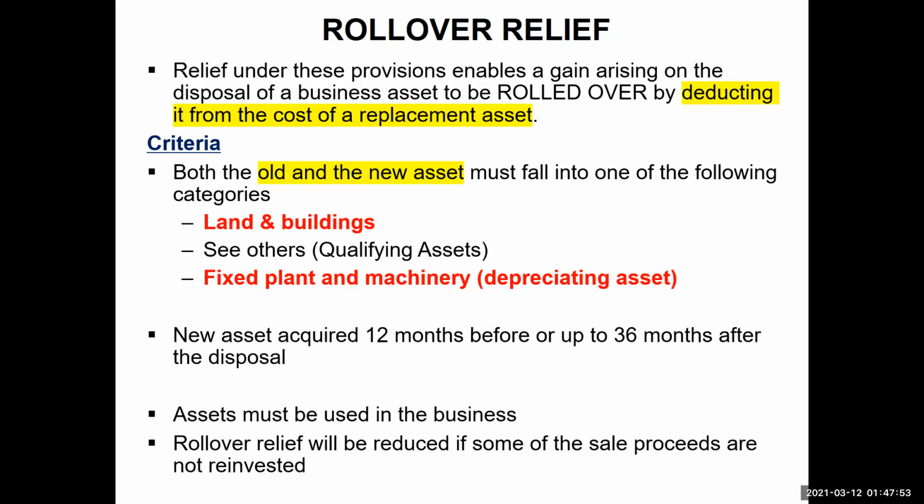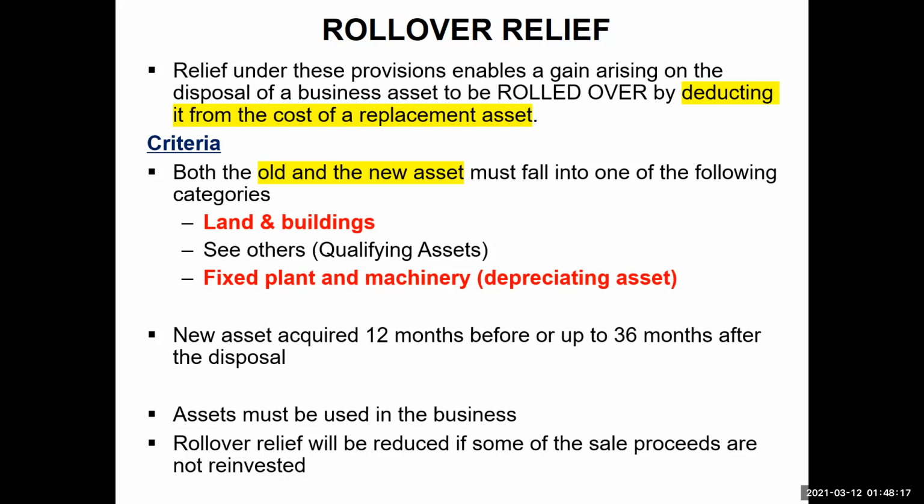Again, these assets must be used continuously in the business, in the operations of the organization, and rollover relief will be reduced if some of the sales proceeds are not reinvested. We'll take a typical example to analyze all of this. Any rollover relief will be reduced if extra proceeds were not reinvested.